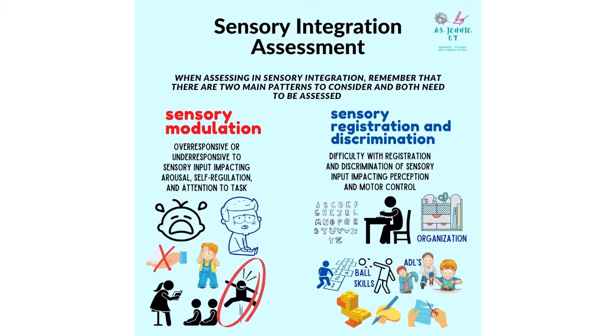So the first area that needs to be assessed is really the sensory modulation of a child. So this means that you're looking at over responsiveness or under responsiveness to sensory input in the child. And that area, the over responsiveness or under responsiveness, really impacts arousal, self-regulation, and attention to task.